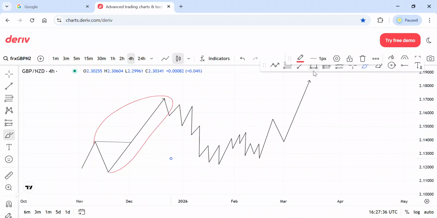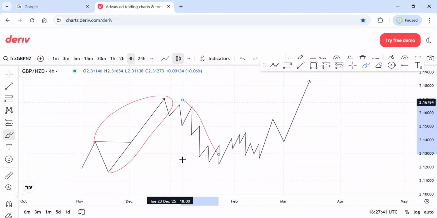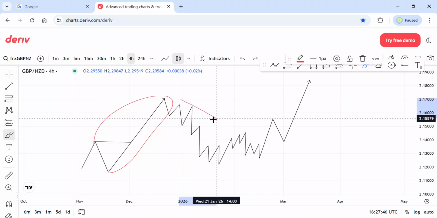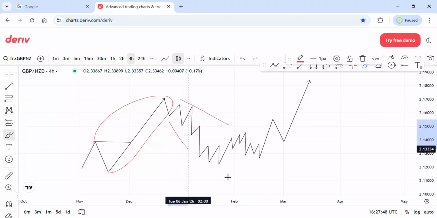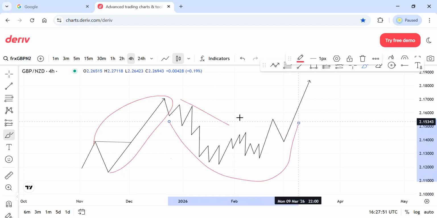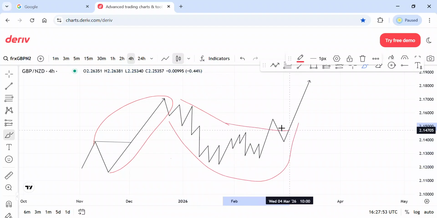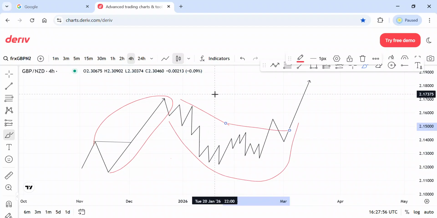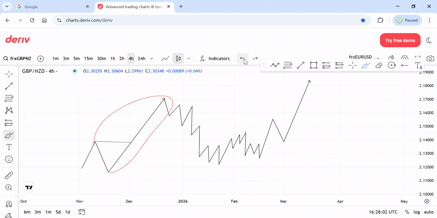Why this one right here, why this one's right here are our what? They are all our 15-minute time frame.